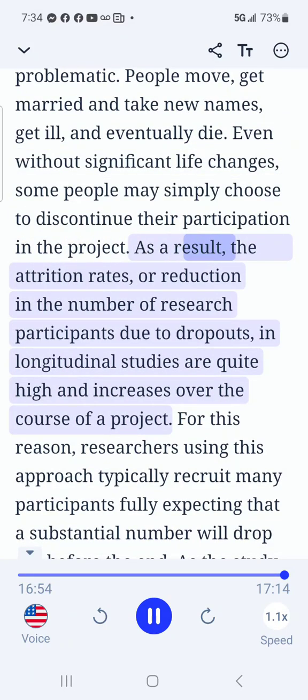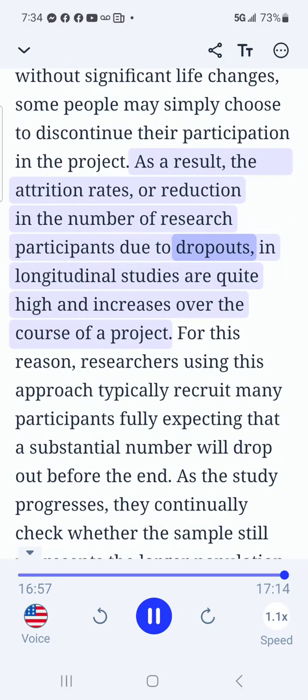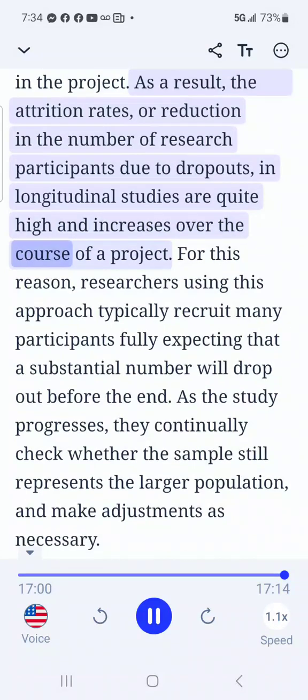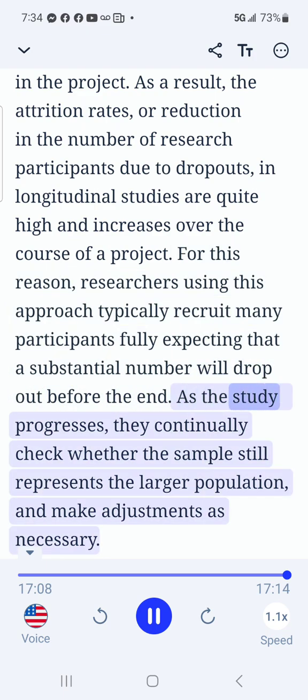As a result, the attrition rates, or reduction in the number of research participants due to dropouts, in longitudinal studies are quite high and increase over the course of a project. For this reason, researchers using this approach typically recruit many participants, fully expecting that a substantial number will drop out before the end. As the study progresses, they continually check whether the sample still represents the larger population, and make adjustments as necessary.